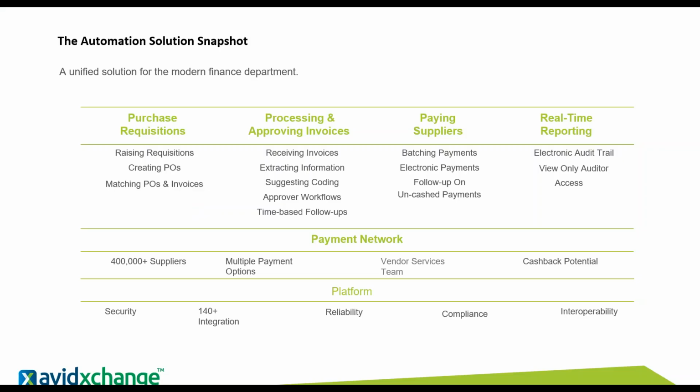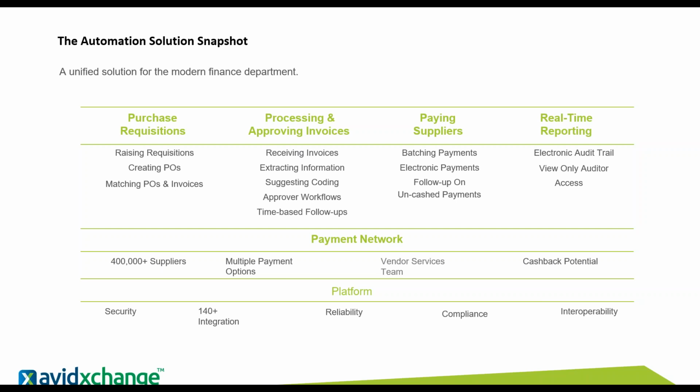If you look at automating your solution, you want to look at a modern day finance department, and that's encompassing all areas. That's creating POs, matching POs, approving invoices, generating invoice records, getting them back to the ERP system, and then looking at a pay network.